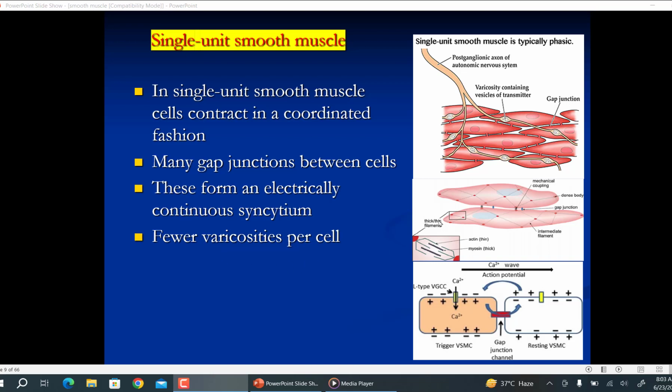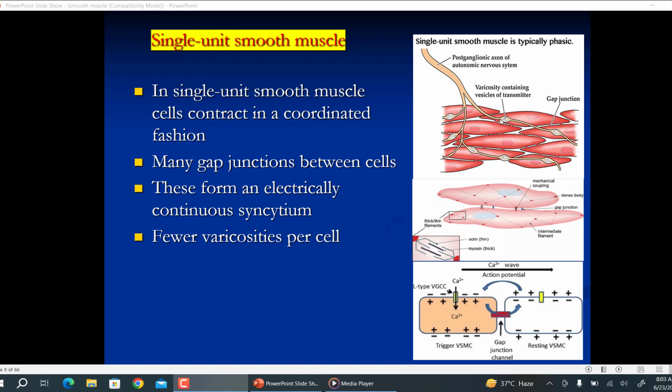In single unit smooth muscle, we have pure varicosities. These are the varicosities. These are actually neuron endings, and they are autonomic neuron endings.